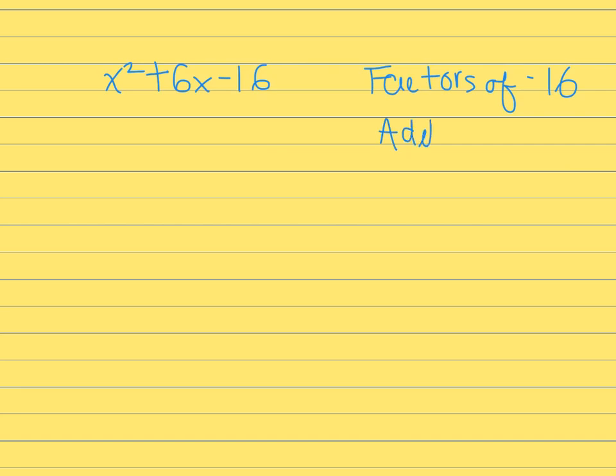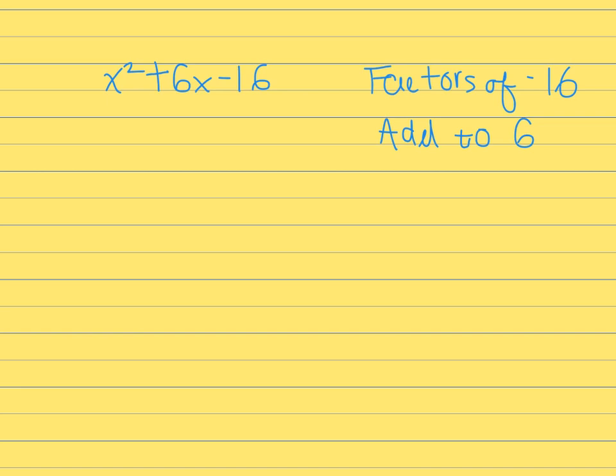Okay, so let's try one. This is actually off of your worksheet. It's going to be x squared plus 6x minus 16. And we're going to do this the same way. We're going to come up with factors of, this time, a negative 16 because of the minus sign right here, that add up to 6.